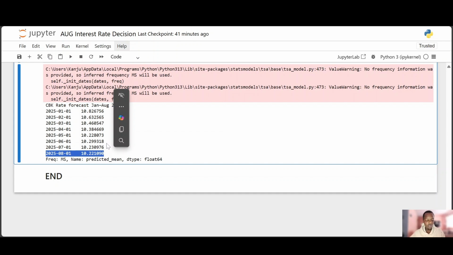So that's 10.3 minus 10.22. That's around 0.78. Yeah, so 0.78 difference. Is it? 10.3 and 10.22.